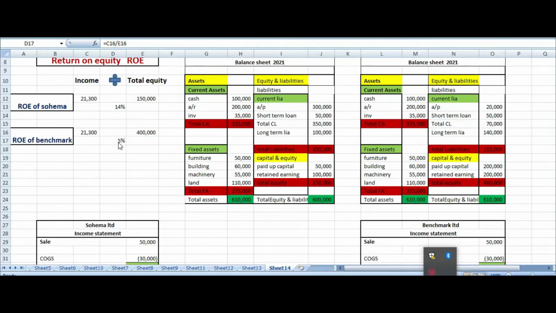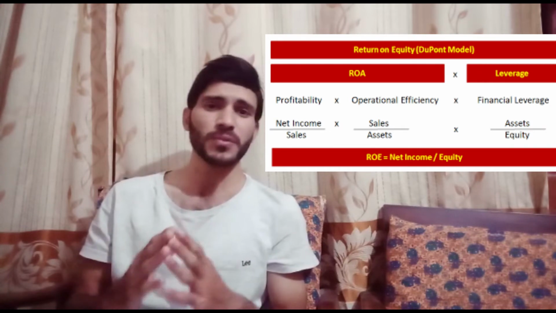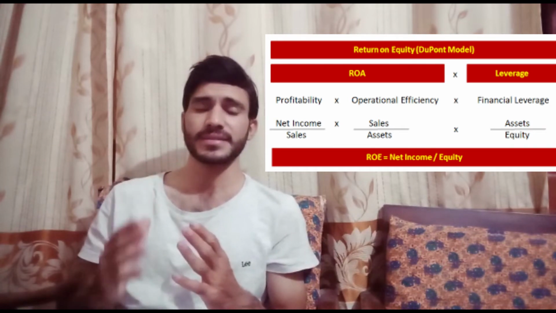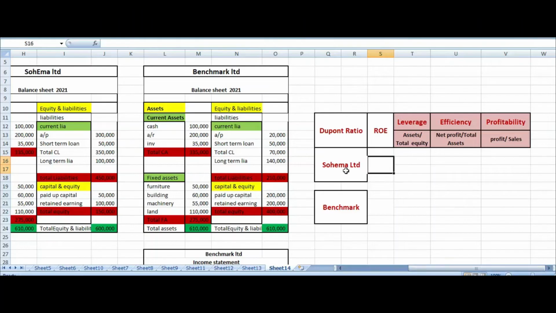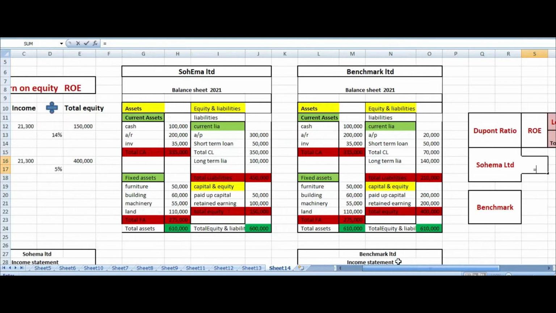Then now we will measure it on the basis of the DuPont framework. This DuPont framework has three components. One is leverage, then second is efficiency, and then last is profitability. As we have calculated, the return on equity of Soima Limited is 14%, and the return on equity of benchmark is 5%.